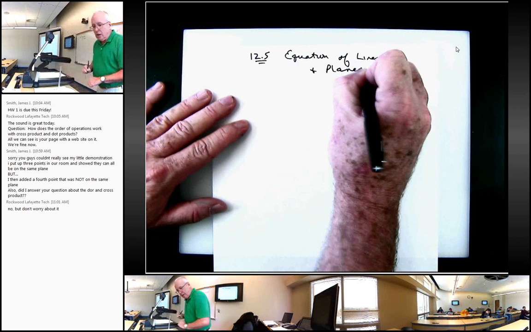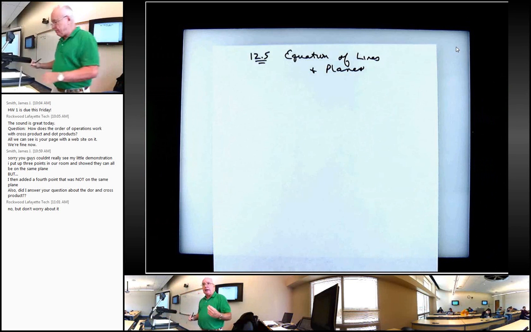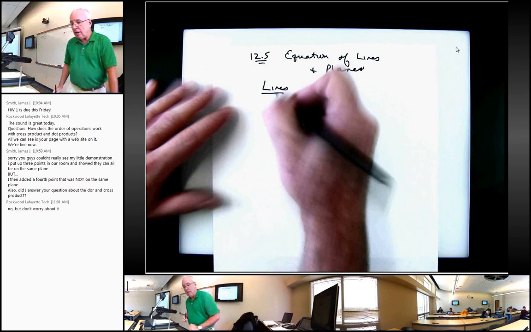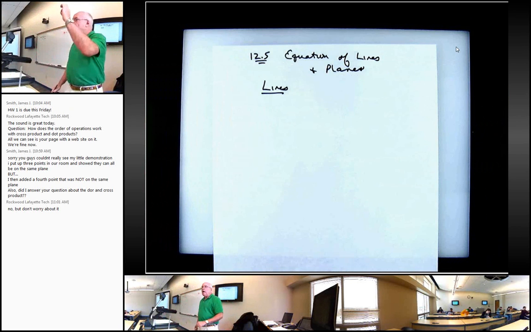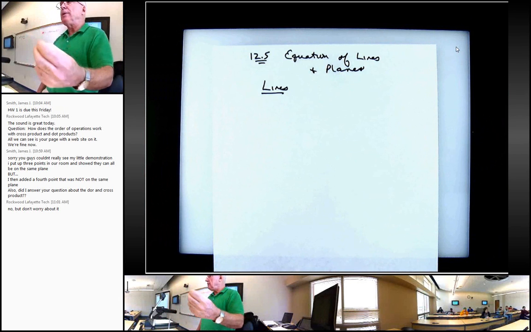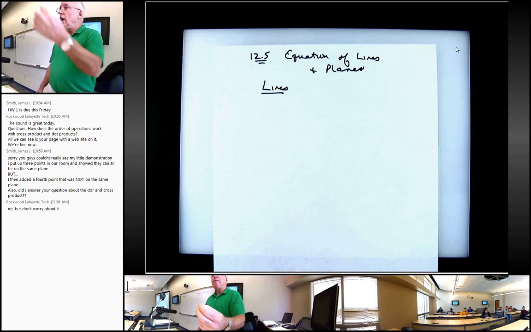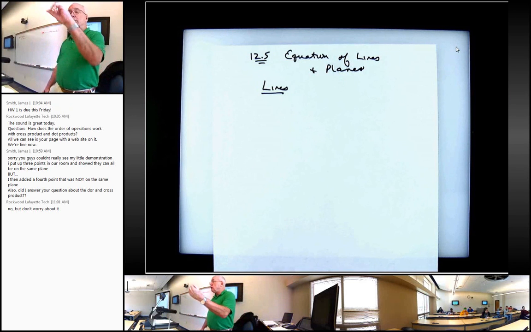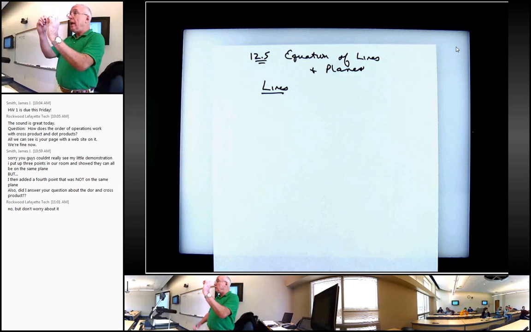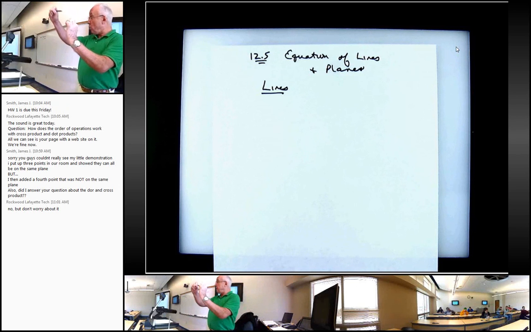Okay, so we're going to start with lines. Now, when you took elementary algebra with graphing, in two-dimensional space, a line is determined by a single point and the slope that it's going along.